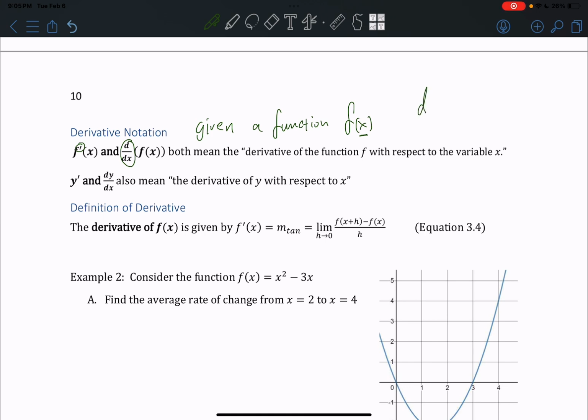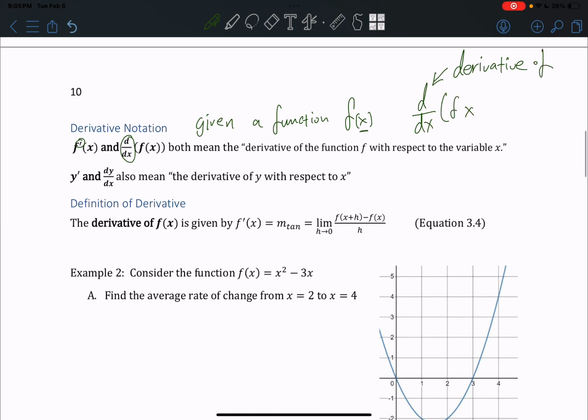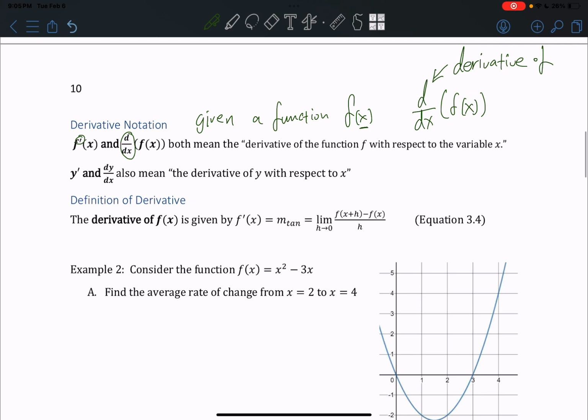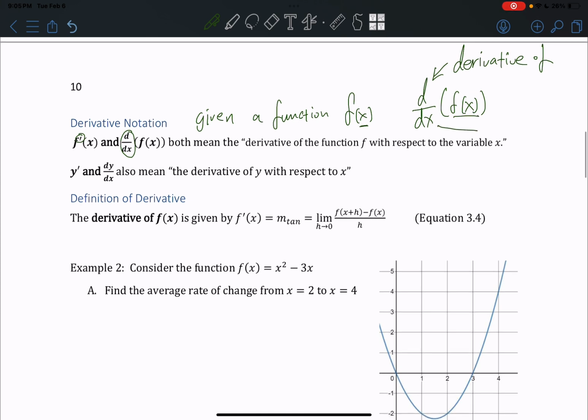This just means the derivative, this top d is the derivative of whatever's inside that parentheses, right? In this case, derivative of f of x, and then on the bottom part here, with respect to x. Okay, so derivative of f of x with respect to x, often known as df dx for short.